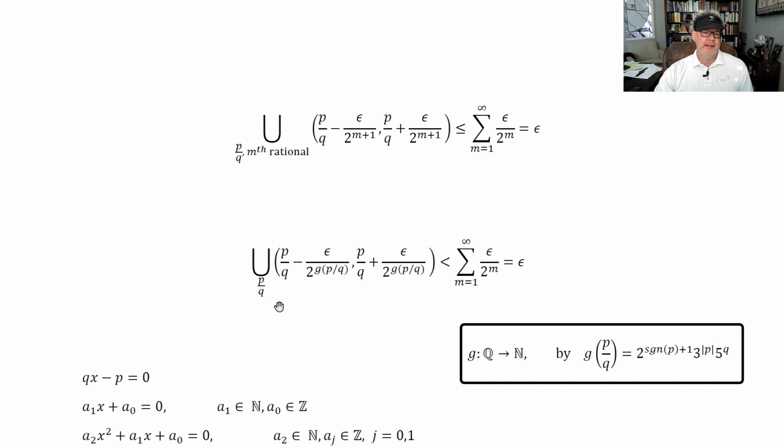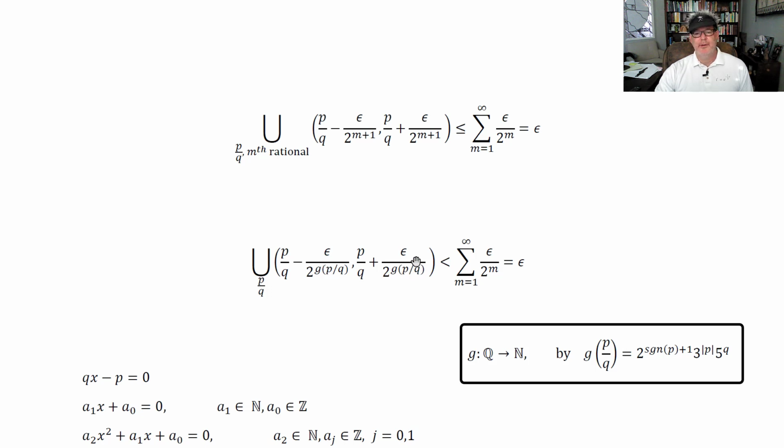Another way to do it would be, here I put mth rational, but you could use that function I had before, 2 to the value of that function. That's 2 to this g function. And so for every rational on the real line, you do the union, you take epsilon over 2 to the g of that, and you get a unique power, positive integer, for every rational.